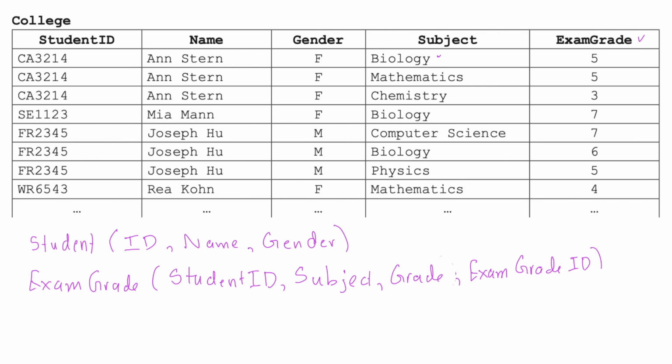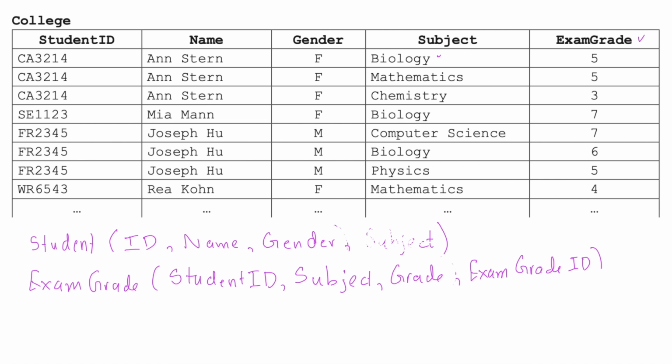So I would probably say that the best way to do this, actually, subject is kind of on its own. There's nothing else that really depends on subject, is there? So I think probably what I'd put right here is subject. Because subjects are kind of just on their own. So that means that every student is going to be... Actually, that's not going to work, right? Because students have multiple subjects. So I guess we're back to square one.